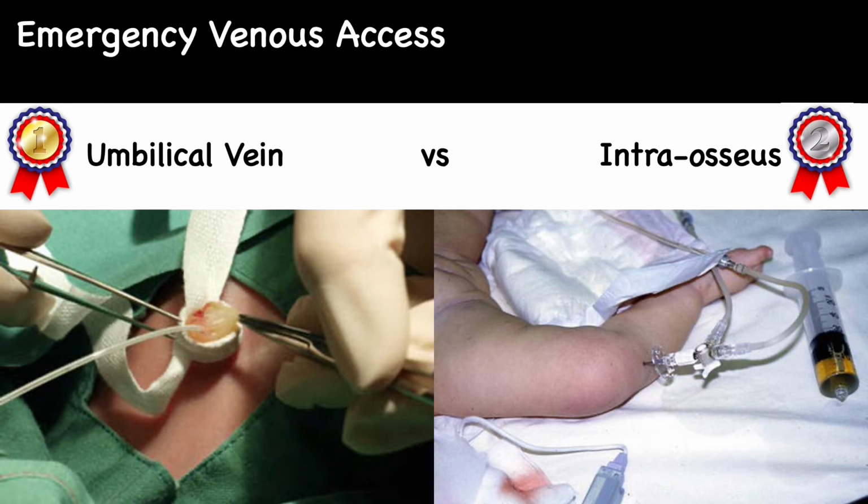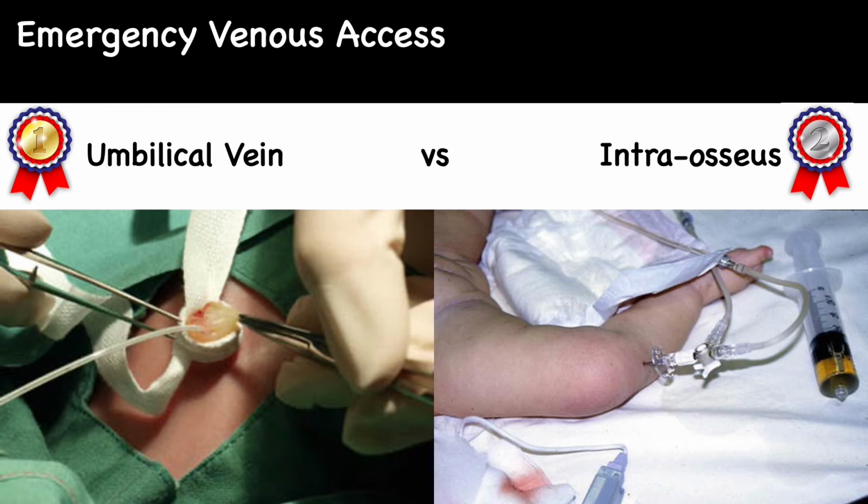If the umbilical venous route is not feasible, it is very frequently difficult to place a peripheral venous line. So if this is the case, then an intraosseous route is also reasonable as an alternative vascular access for the newborn. First option, umbilical vein.